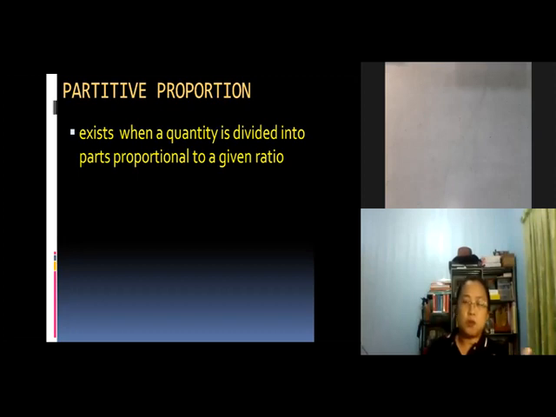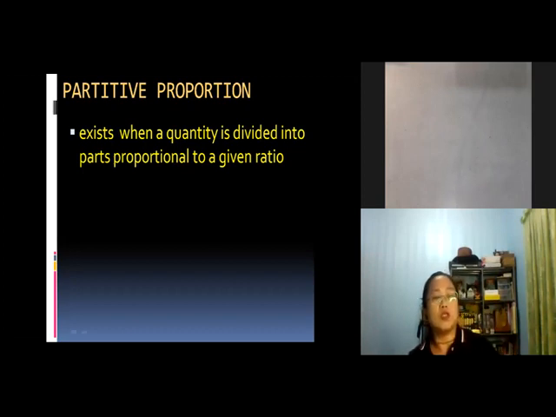So, paano natin malalaman kung yung problem na binabasa natin or isosolve natin ay partitive proportion o hindi? Pag partitive proportion yan, ang unang-unang titignan ninyo, dapat nandoon yung divided into.